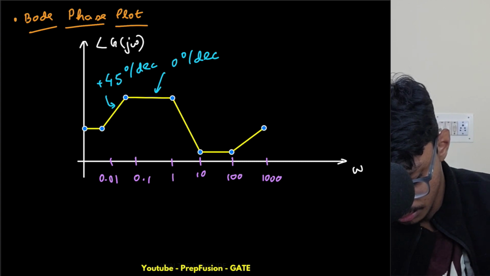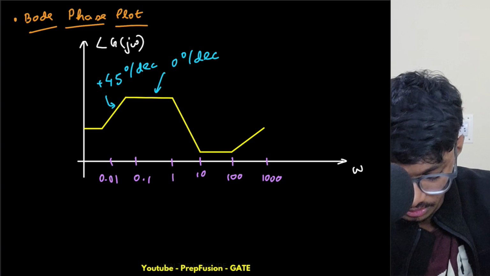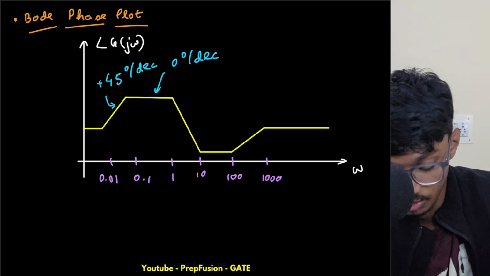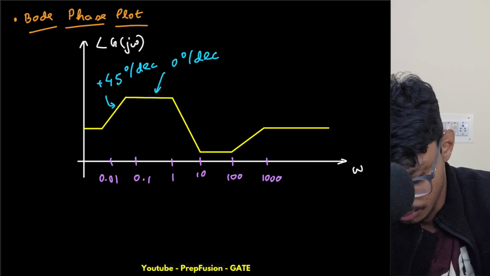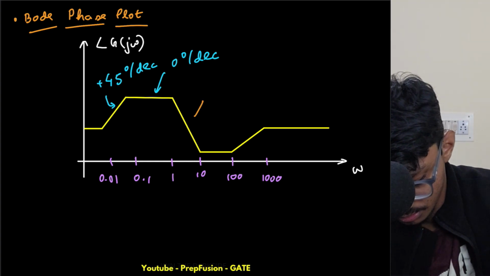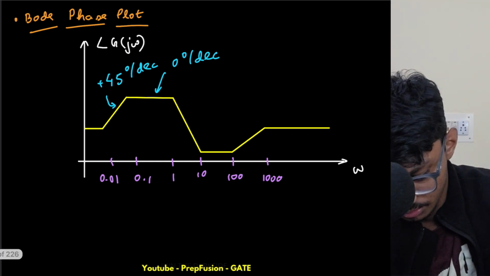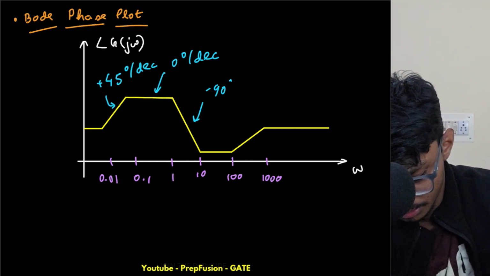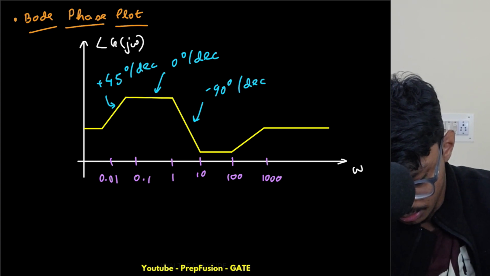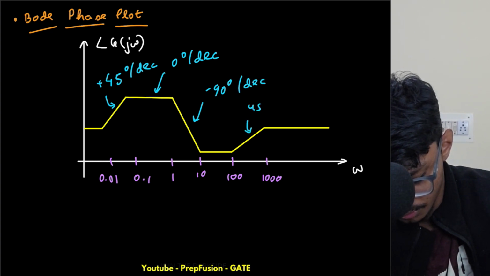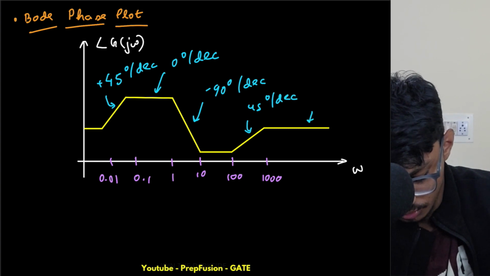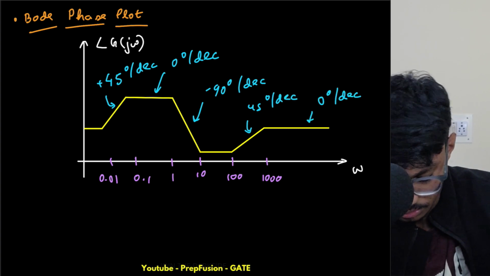Then obviously the effect of this zero will also go away, then my slope will be 0 degree per decade. So let me write these things here. The slope is minus 90 degree per decade. Here the slope is 45 degree per decade. Here the slope is 0 degree per decade.